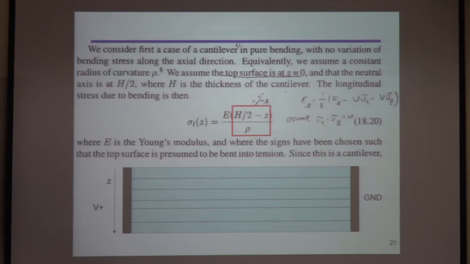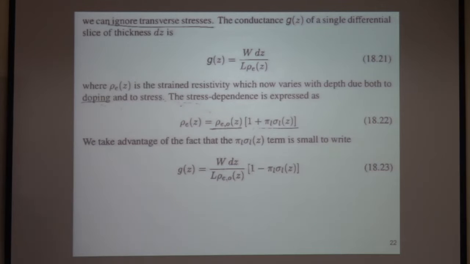Okay, next page, please. Let's look at this one. We put this term over here: W dz divided by L rho E0 times 1 plus pi L sigma L. Do you remember Taylor's series?